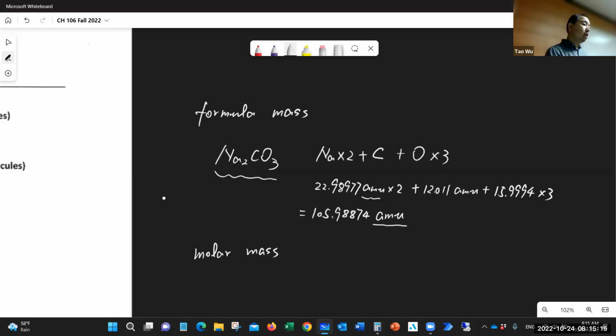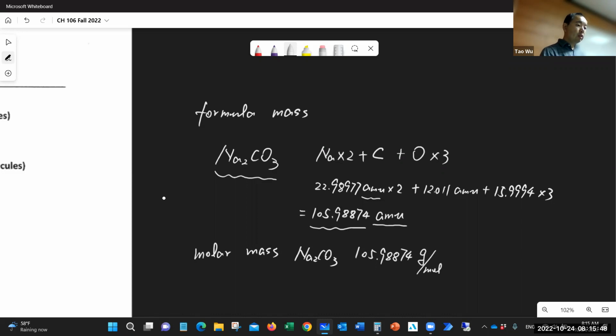So molar mass and formula mass are exactly the same number, and the only difference is the unit. The molar mass of sodium carbonate is 105.98874 gram per mole, which means if we have 1 mole of this molecule, the mass is in gram.